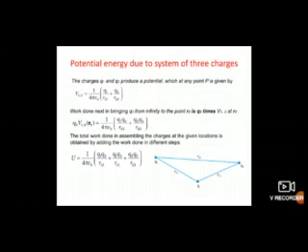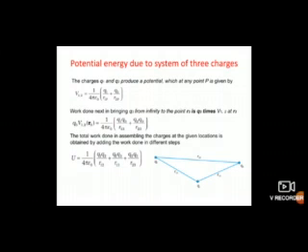In this we are going to find the potential energy due to a system of three charges. Let us consider that Q1 and Q2 already exist and they are separated by a distance R12. So the total potential at any point P due to these two charges is V12 equals 1 by 4 pi epsilon naught times Q1 by R1P plus Q2 by R2P.